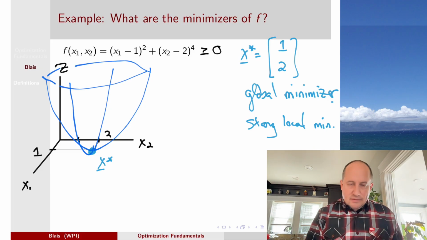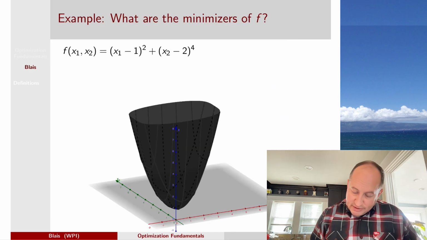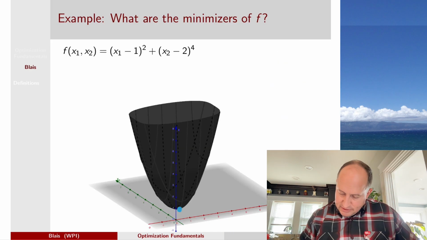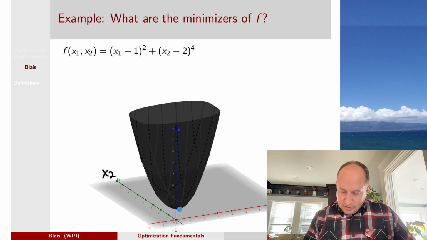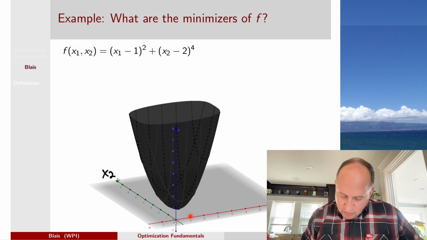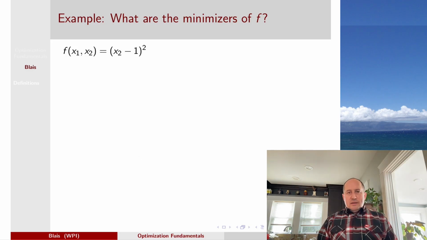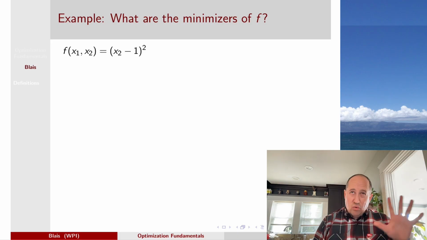And we'll see it graphed better actually using GeoGebra on this next page. And you can see down here, so this is the x1 axis here. Here's the x2 axis, and you can see that this lowest point here, that is happening at x1 equals 1, x2 equals 2.